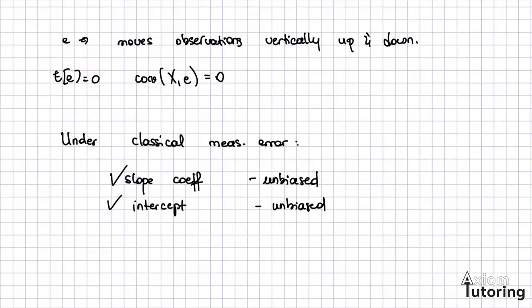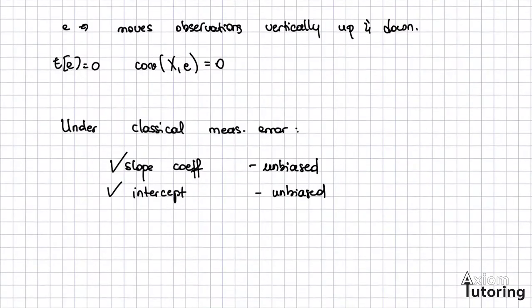okay? However, the things that change and that we have to be careful about are the following: the residual. Remember, the error term became bigger, which means the residual, which is its estimator, is now going to also be larger. And remember, we use the residuals to construct standard errors, which means that standard errors are also going to be larger.